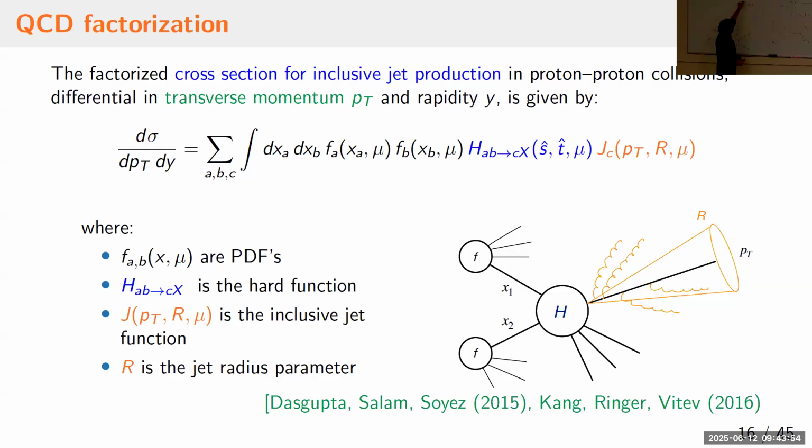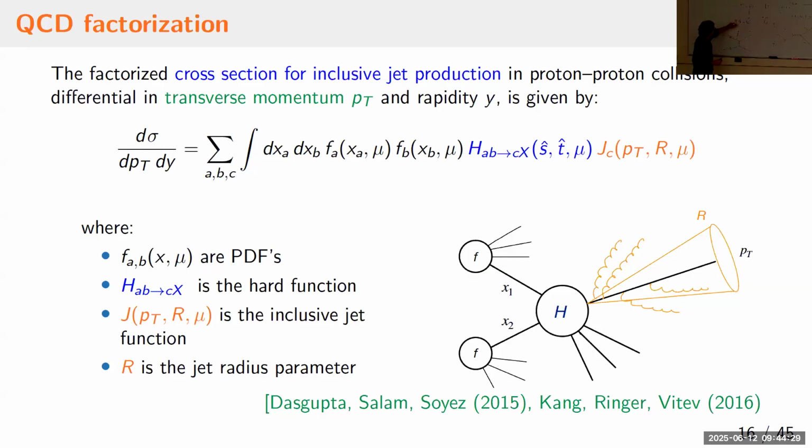This is the scale of the hard function. So all of the very hard processes happen here at a certain scale Q, right? Then you have to evolve from this scale down to another scale where the jet function sits. All the collinear modes here live at a scale which is of the order pT R. So pT R relates to the maximum transverse momentum that can be generated in a splitting, right?